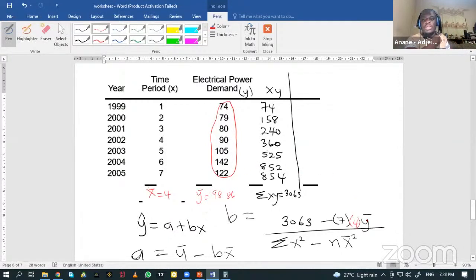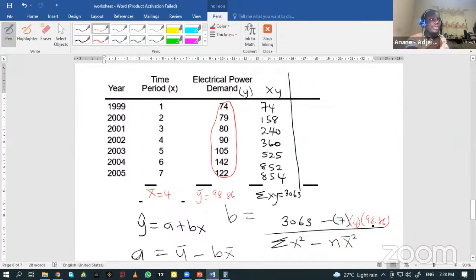So we come and replace Y bar over here with 98.86. When we are done, let's multiply them together. So 7 multiplied by 4 multiplied by 98.86.